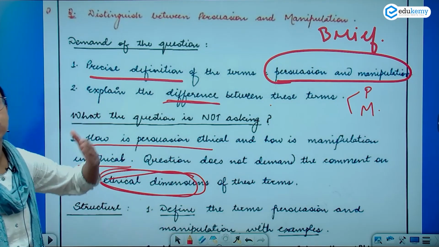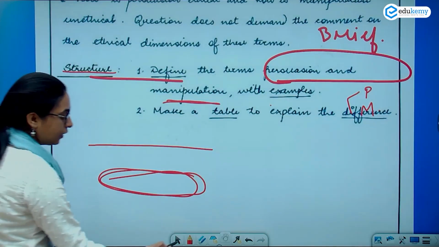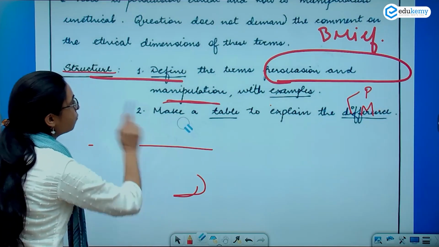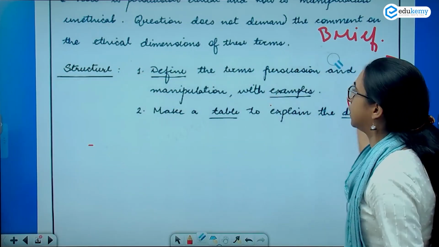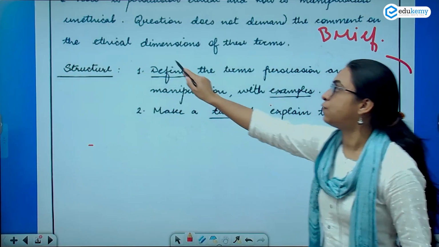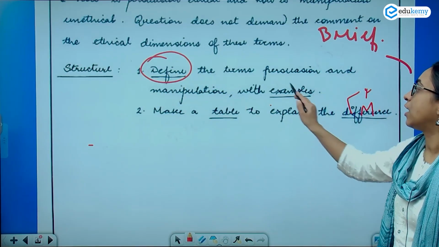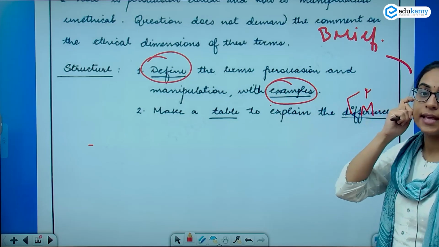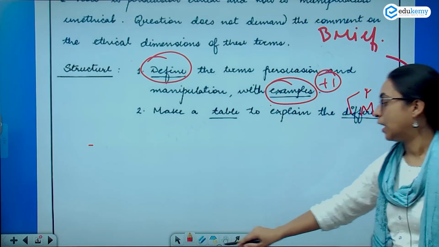So how do you structure your answer? In the introduction, you write the definition of persuasion and manipulation, with examples. Examples are something which will give you an edge over the other candidate.